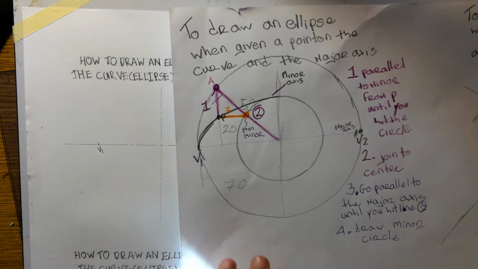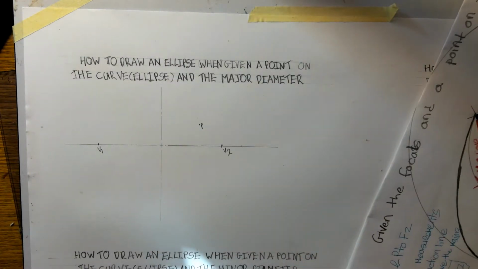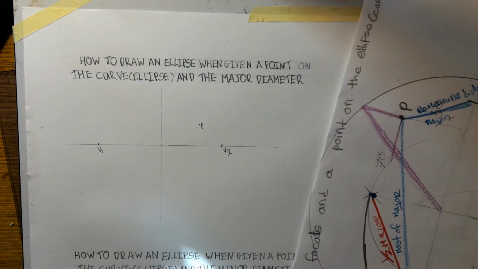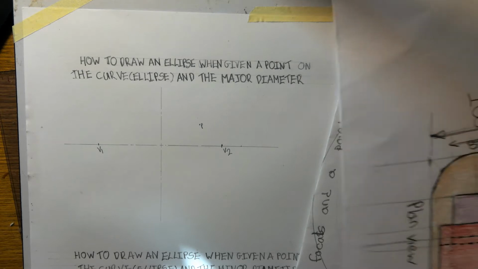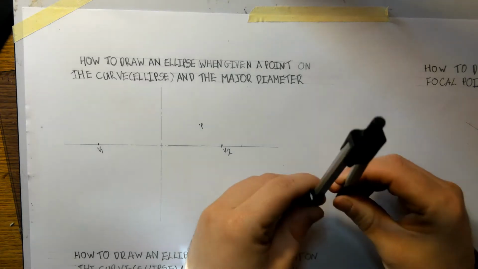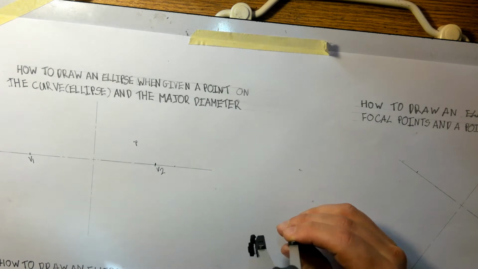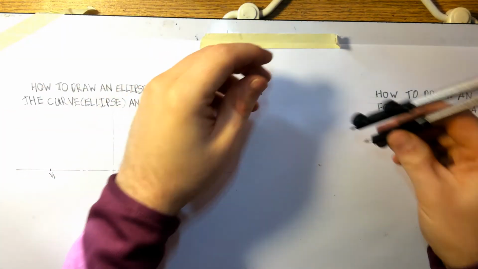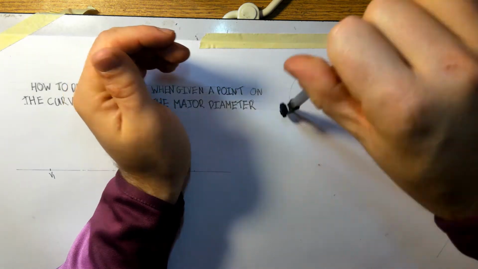So this is working backwards from the concentric circles. So in the concentric circles method, I've drawn an ellipse. We have the major and we have the minor.